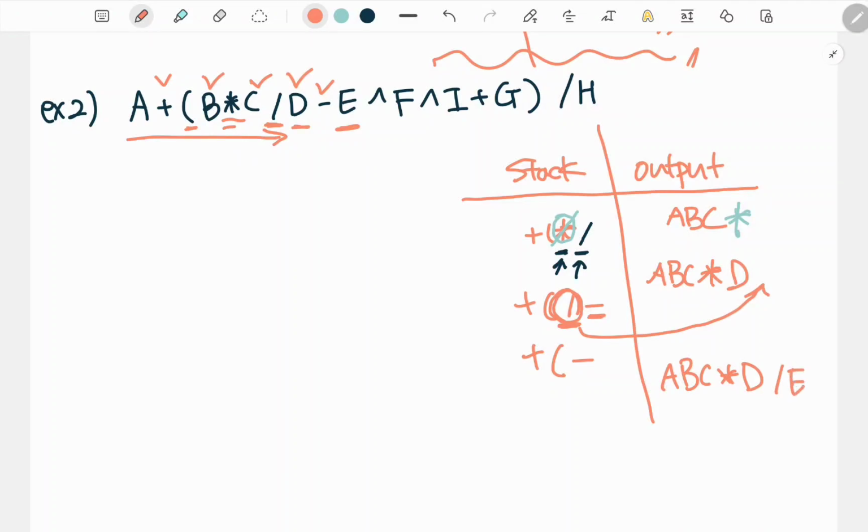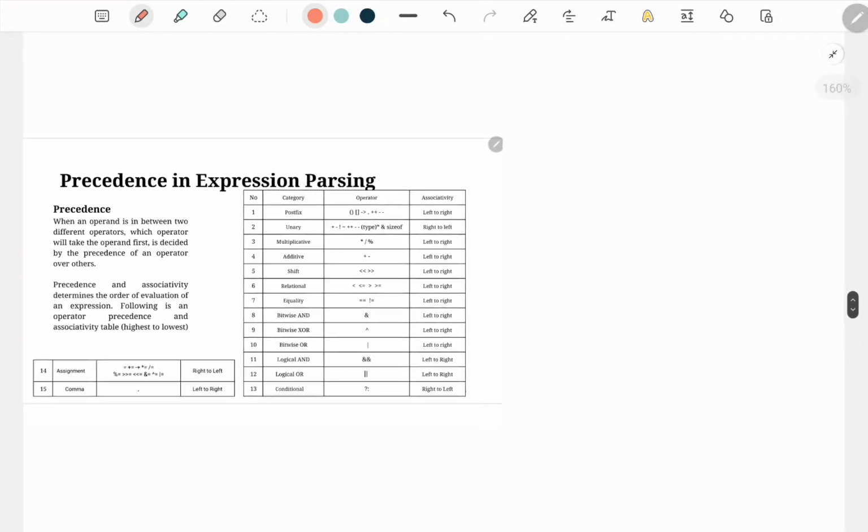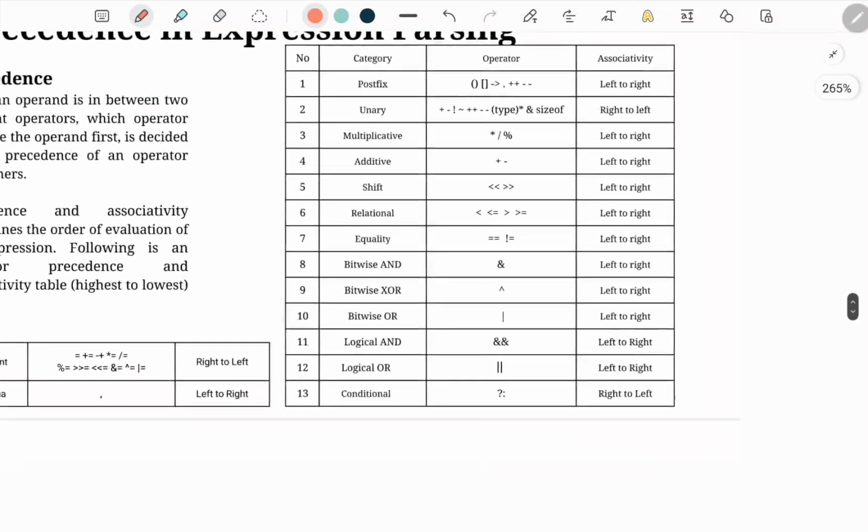We put it here, of course, and this is not the power of. This is XOR, bitwise XOR, and its precedence, you can check it in this table. So it's here, and it's lower than additive, multiplicative, anything.